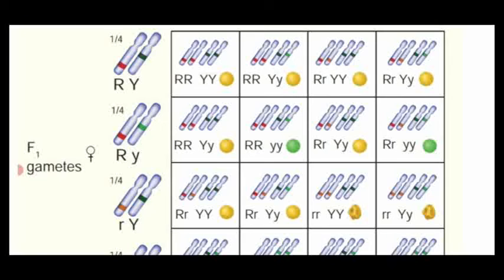Capital R, capital Y, that is considered to be yellow. So see the table column or checkerboard: wherever capital R, capital Y is present, that is considered a round yellow. See the first 4 gametes, all 4 gametes have one capital R and one capital Y. There are two, but we are still taking it as capital R and capital Y. So all the gametes are yellow.